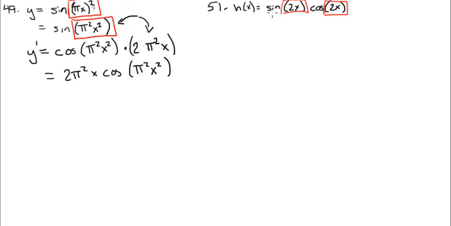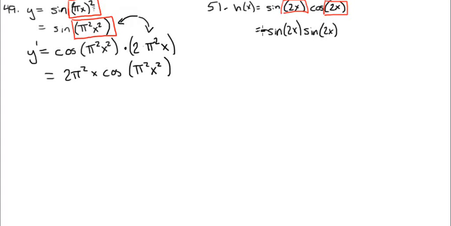So by the product rule, I hold one of these two guys constant, so I'll hold sine of 2x constant and take the derivative of the other factor. So the derivative of cosine of the red box is just going to be negative sine of whatever's inside the red box, so that's 2x.